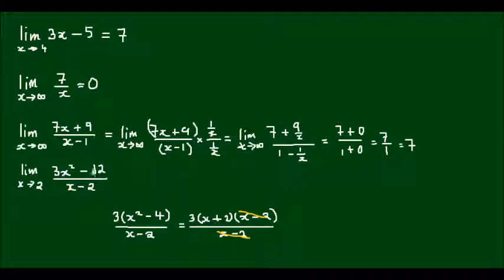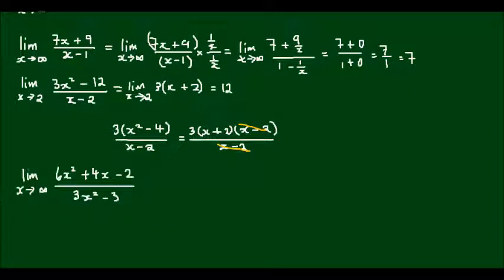So the limit of this becomes the limit as x approaches 2 of 3 outside of x plus 2. And we can see that as x approaches 2, we're going to get 3 times 4, which is 12.